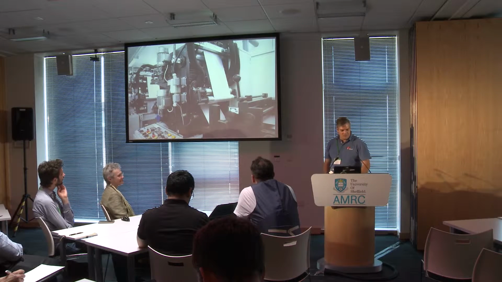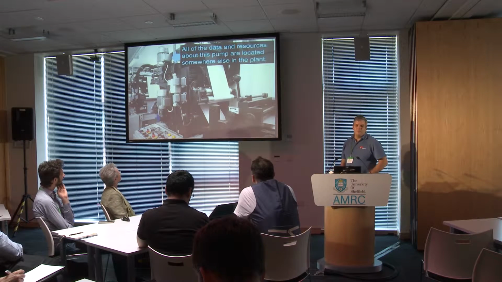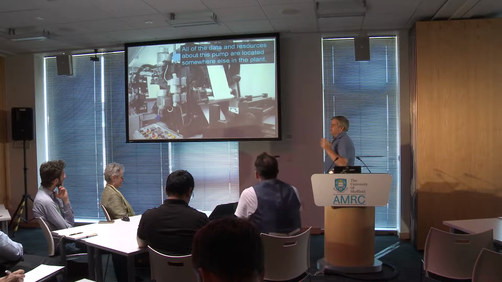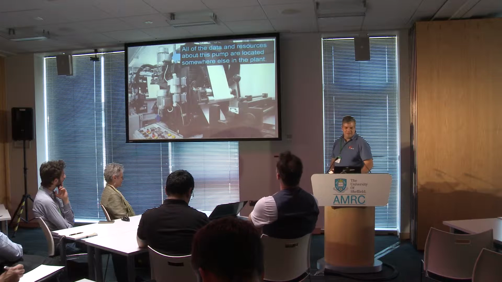We put all of our data about what the pump or the machine was doing on a screen in a nice air-conditioned control room. We took all the documents, made them electronic, and put them out on a server. So the problem with this is all of the data and resources about this pump are somewhere else. But if I'm going to do something with this pump, then I need to do it right here.